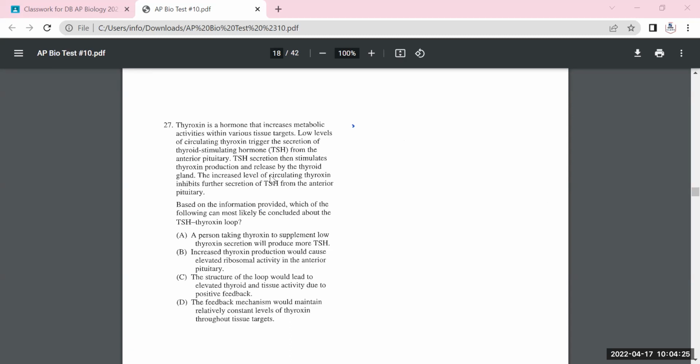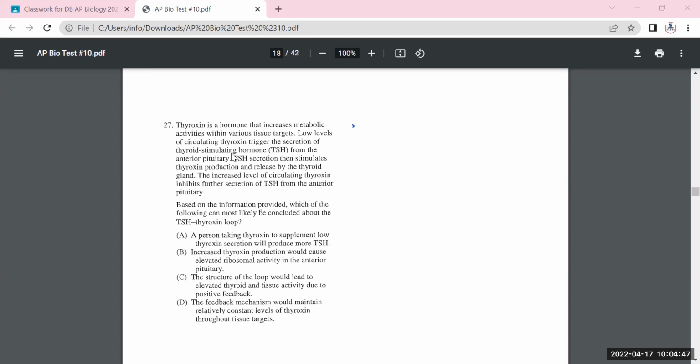So basically, if you have low levels, you secrete TSH. And then what does TSH do? It makes you produce more thyroxine.